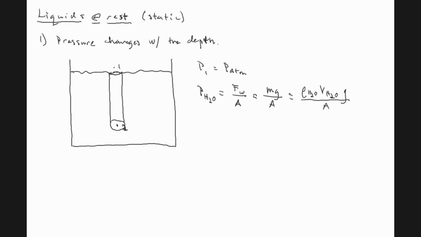But the volume of fluid above us is that column of fluid above us that I've drawn, right? The cylinder or column of fluid above you. So density of water times volume of water times gravity.